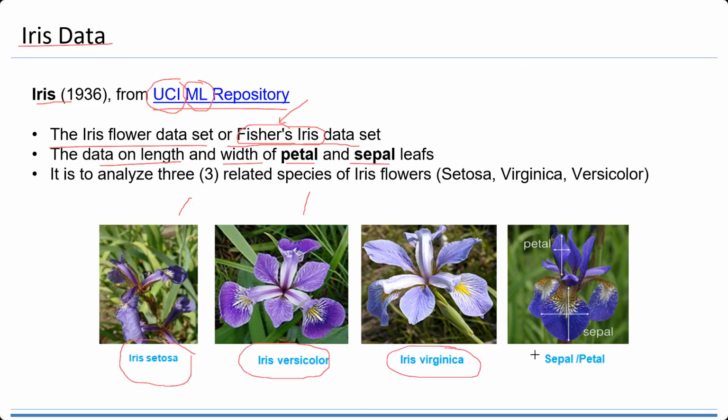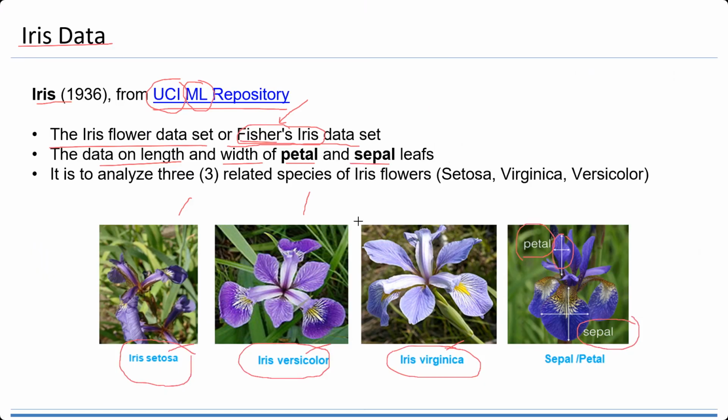And in order to check whether this is setosa or versicolor or virginica, Fisher, the person, tried to do the measurement on the petal and sepal. So this is the petal.